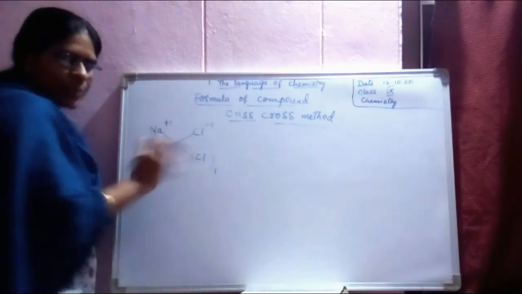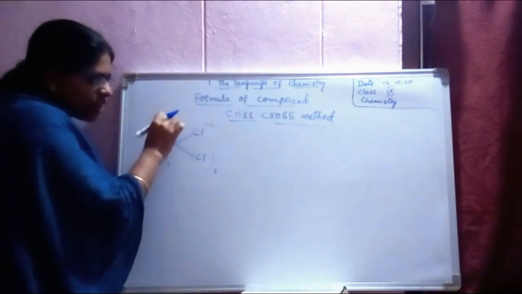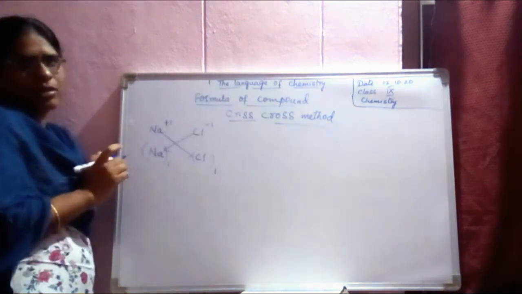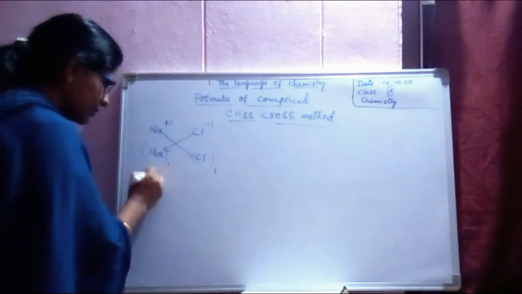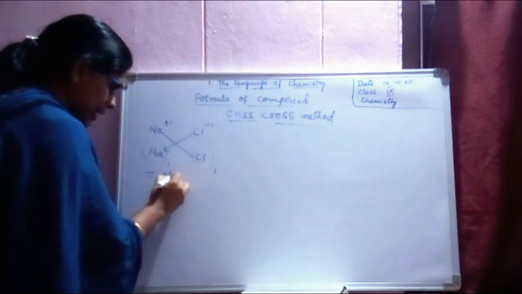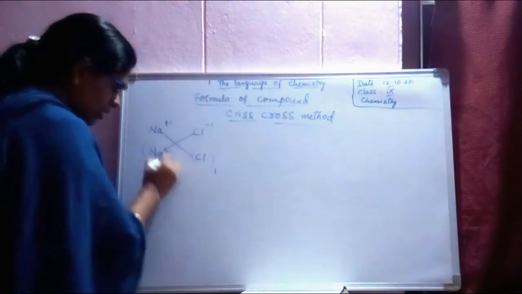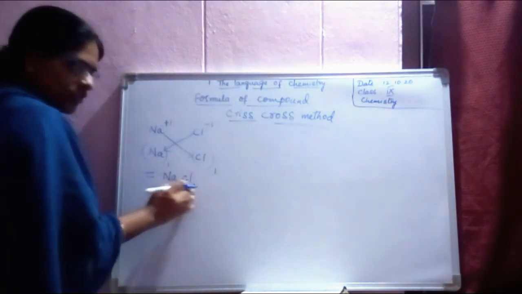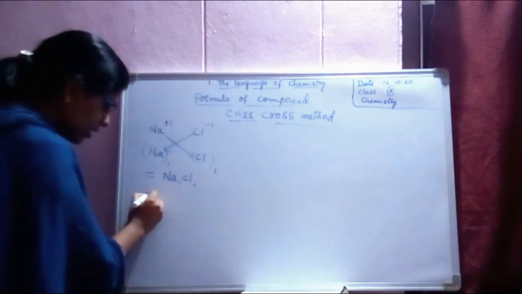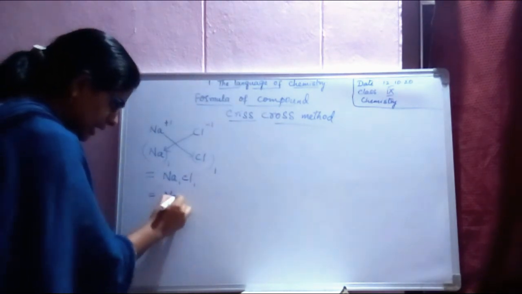No minus or plus, only the charges. After writing Na1 Cl1, if 1 is there, you can remove it.